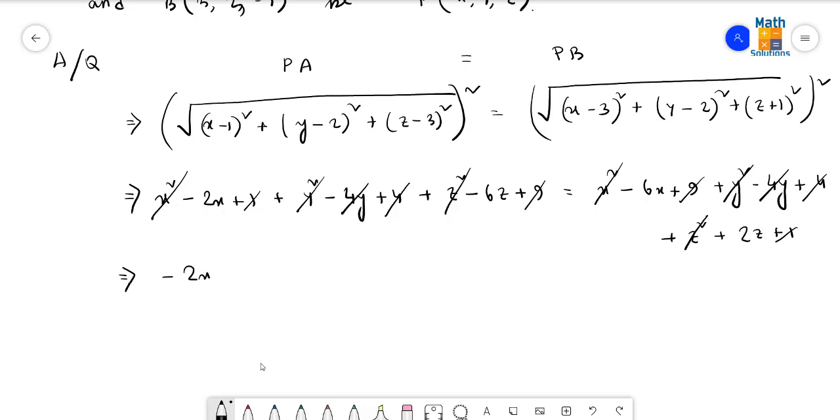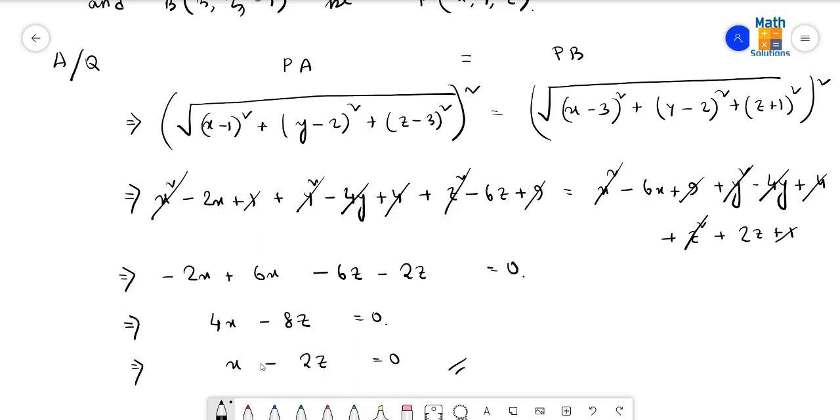Among the terms which are left behind, we can shift 6x minus 6x to the opposite side, and then minus 6z with that minus 2z equals to 0. So we shall be getting 4x minus 8z equals to 0. Dividing both the sides by 4, x minus 2z is equal to 0. So this is the required equation.